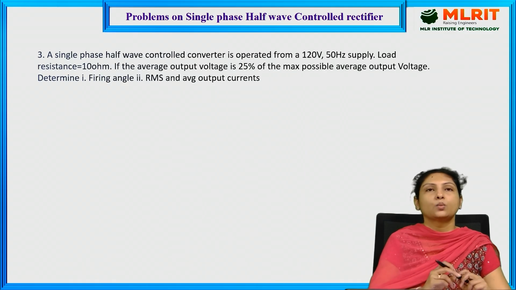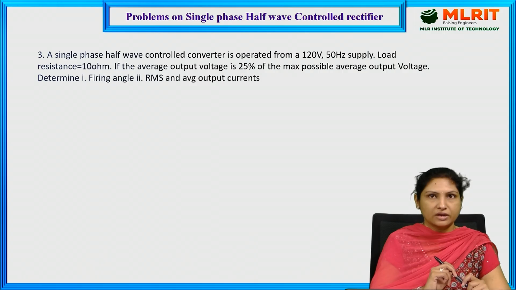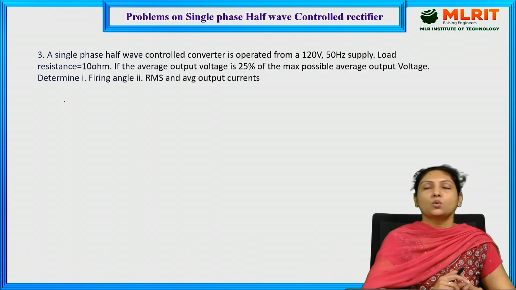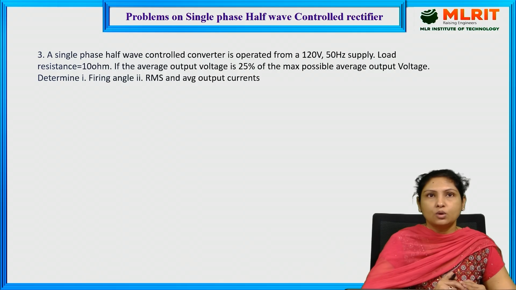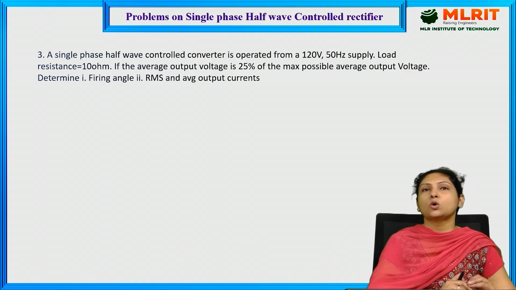And then we have the third problem: a single phase half wave controlled rectifier is operated from 120 volts, 50 Hz supply. Load resistance is 10 ohm, and the average output voltage is 25% of the maximum possible average output voltage. Determine firing angle, RMS and average output currents.